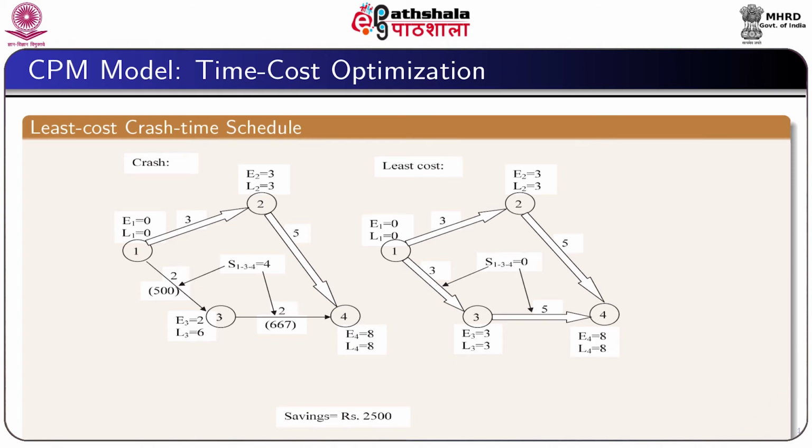Now, consider the other non-critical path 1-3-4. This path has a slack of 4 units of time. Therefore, the activities 1-3 and 3-4 can be expanded.